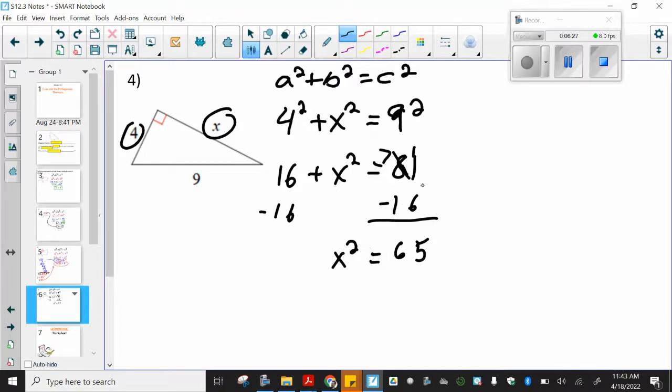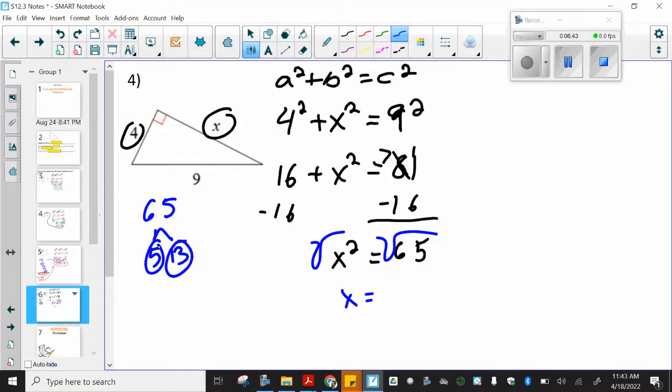Alright, x squared, so we take the square root, and we have x equals the square root of 65. The square root of 65 is not a whole number, so we're going to do that again and factor 65. 5 times 13, oh, 5 and 13 are both prime, but there's no pairs, so we're going to leave that as the square root of 65 as our answer.